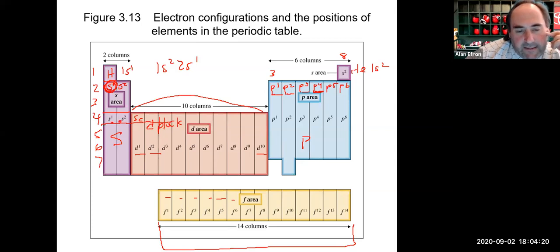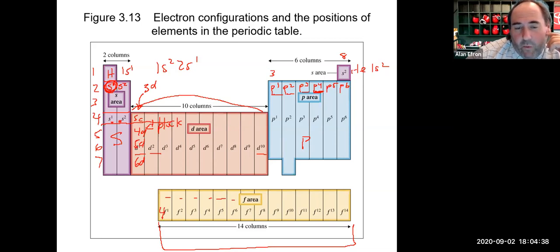But remember that the d orbitals don't begin until the 3rd energy level. So this row right here is actually 3d, and then 4d, 5d, 6d, and so forth coming down. And remember that F's actually start at 4f.